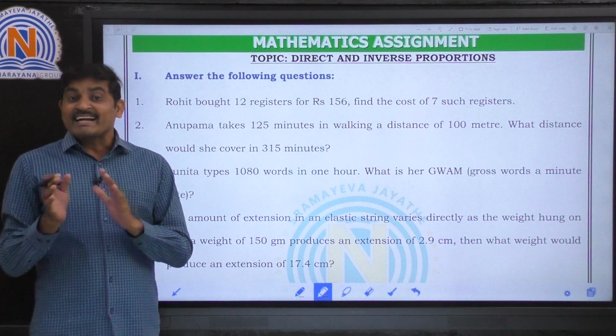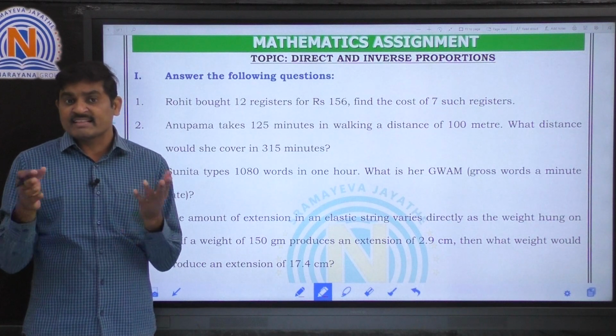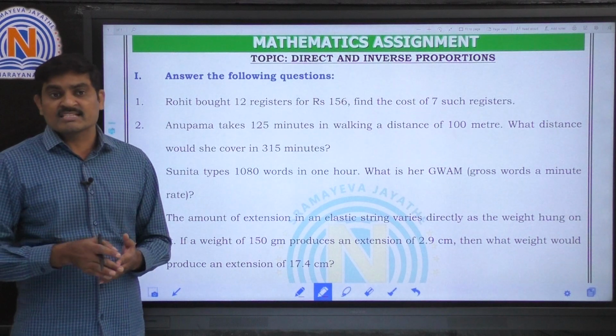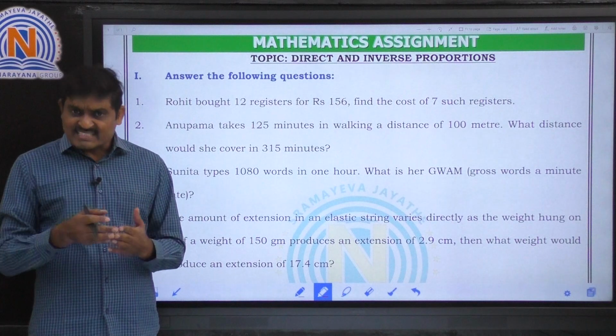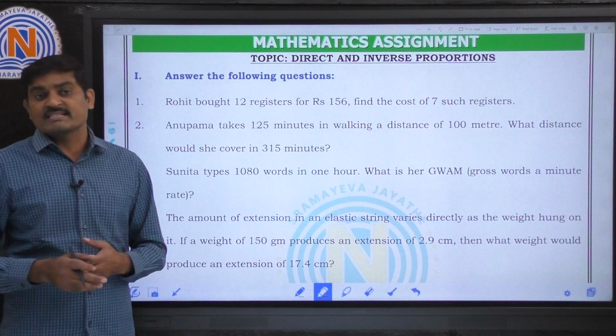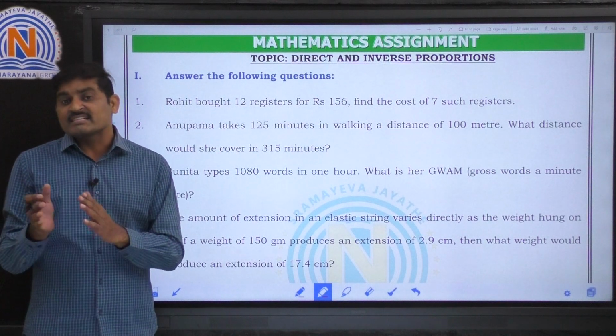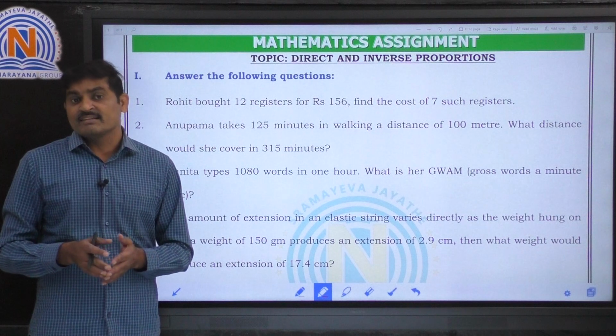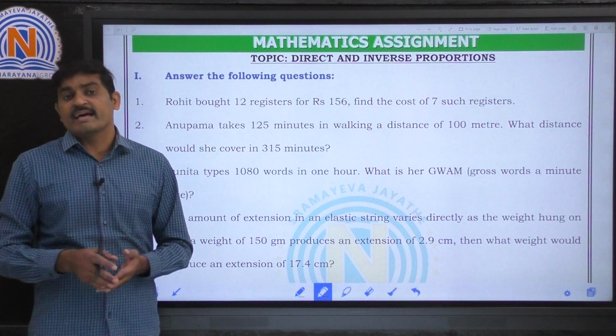Maintaining the same speed, when time increases, the distance covered by Anupama also increases. So time and distance are in direct variation, and we can apply direct variation here.